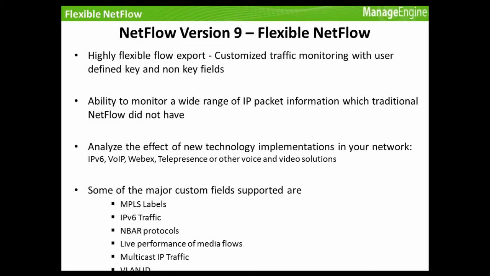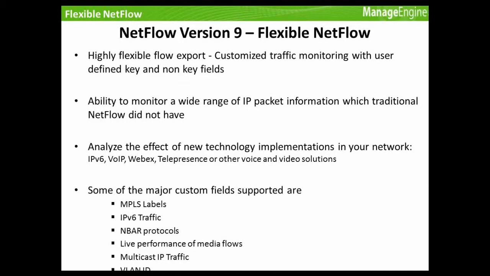And then you can monitor a wide range of IP packet information, which NetFlow version 5 did not have. What is that? That is MPLS labels, IPv6 traffic, NBAR protocols. You can get live performance of media flows, multicast IP traffic, VLAN IDs, and even layer 2 information, like layer 2 interfaces and MAC addresses.